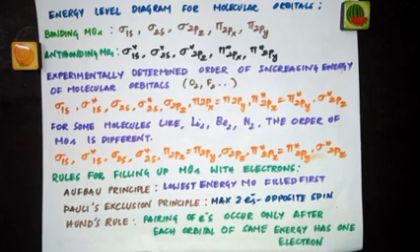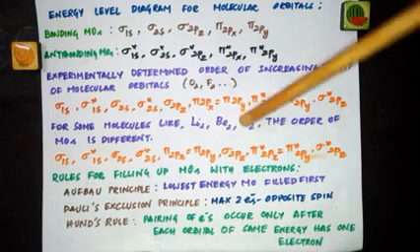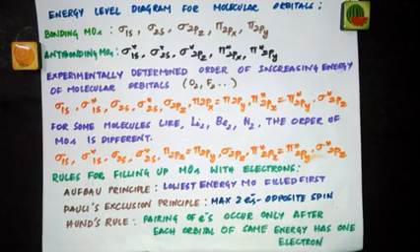Now when it comes to molecules like oxygen, nitrogen, 2p orbitals are also involved. When you take hydrogen, only the 1s orbital is there. So when two hydrogen atoms combine to give a hydrogen molecule, there was combination between 1s and another 1s. But when you come to oxygen, nitrogen or fluorine, 2p orbitals will also be involved.